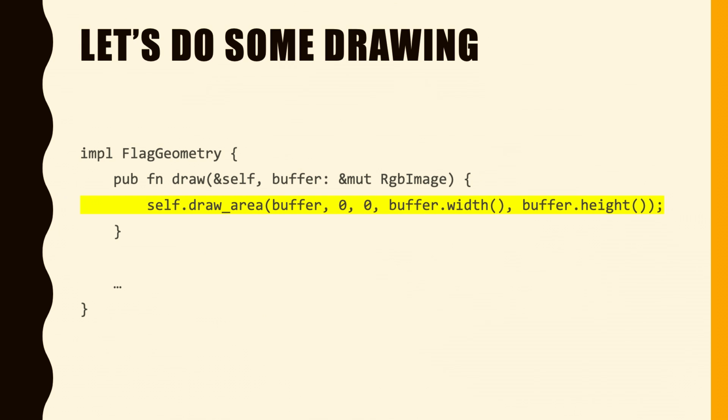So the consumers of this API call the draw function, which delegates to the draw area, feeding it the starting x and y coordinates and the full width and height of the drawing area. This impl block right here is how we define methods in Rust, how we attach a function to a struct or an enum.